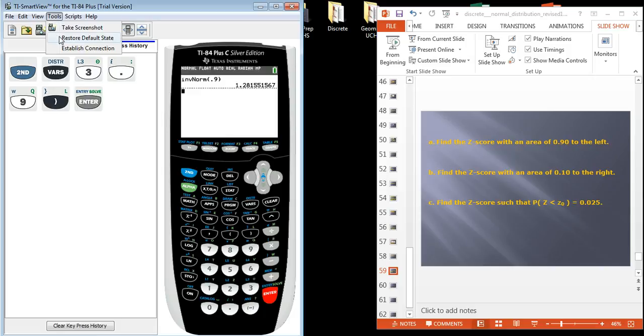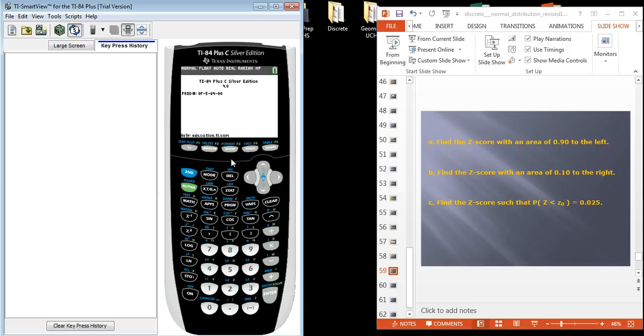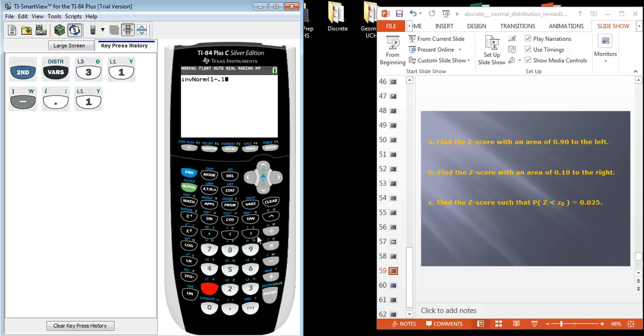So we'll go to the inverse normal function, and we'll say 1 minus 0.1, because it's asking us for the right. Obviously we know it's the same as what we just entered, so the solution here is going to be 1.28. The z-score is going to be 1.28.